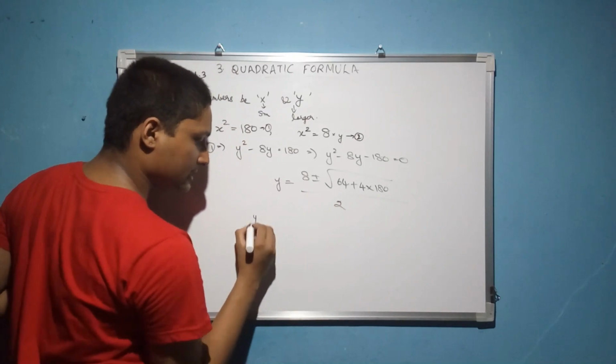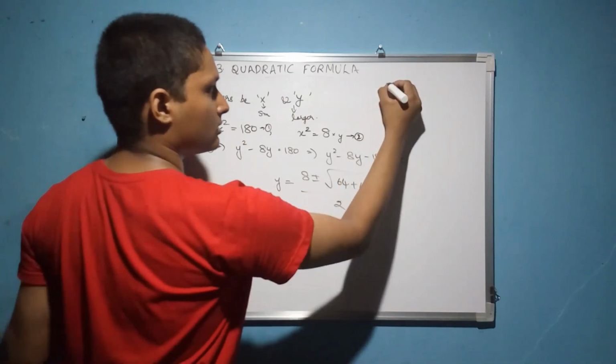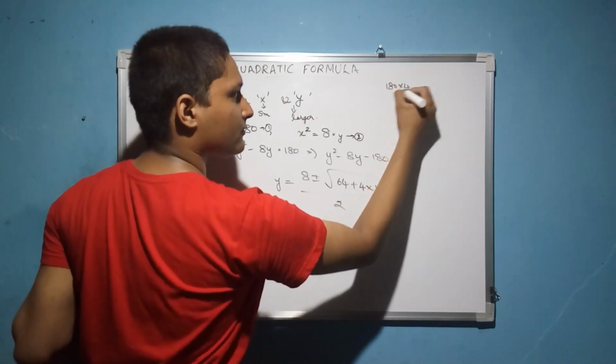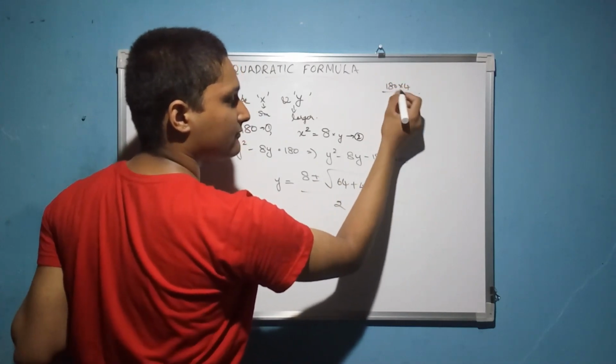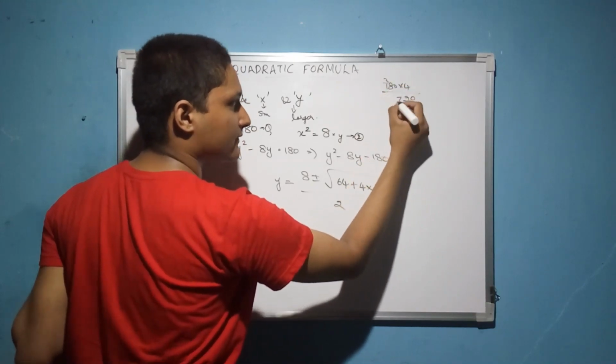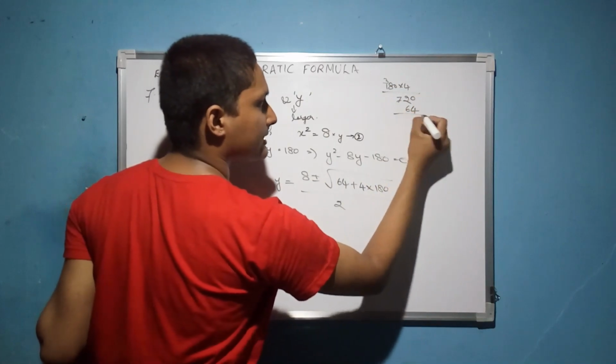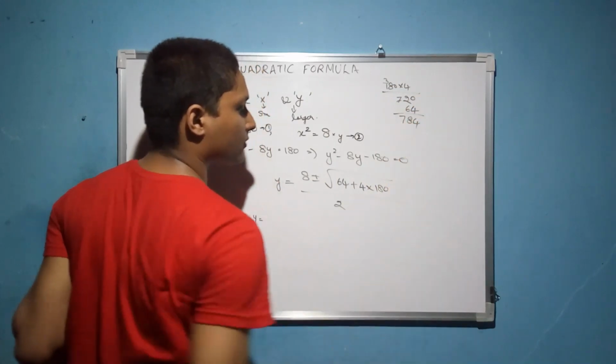Okay, now y is going to be how much? 180 into 4: 8 4s are 32, 4 1s are 4, 7, 720. 720 plus 64, that is going to be 784.